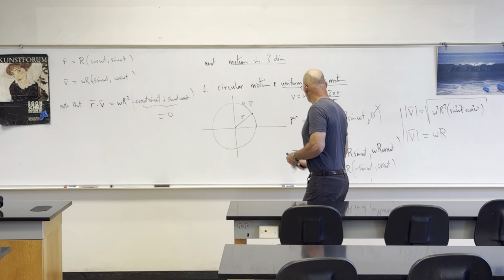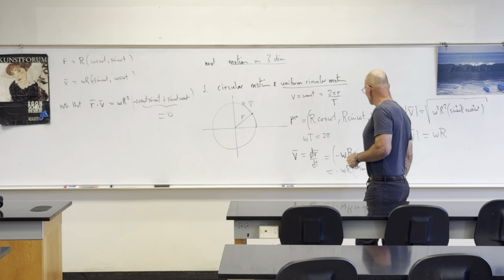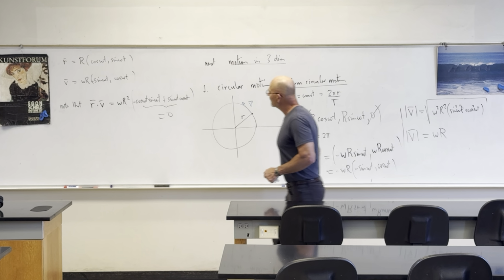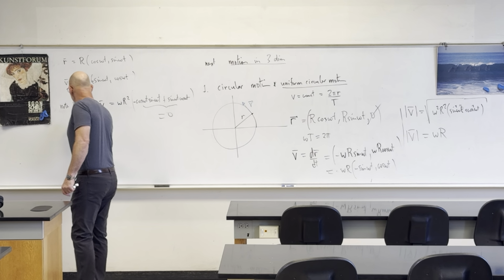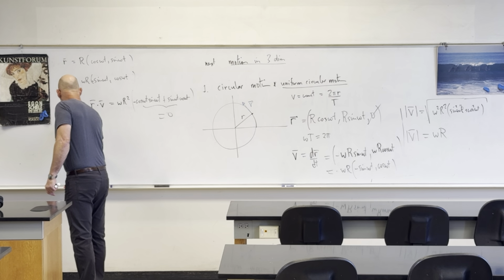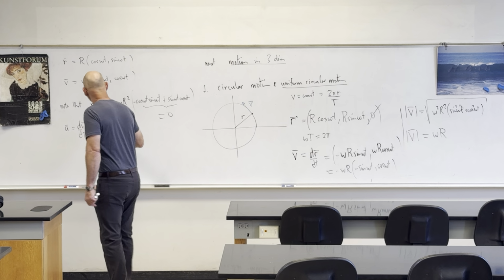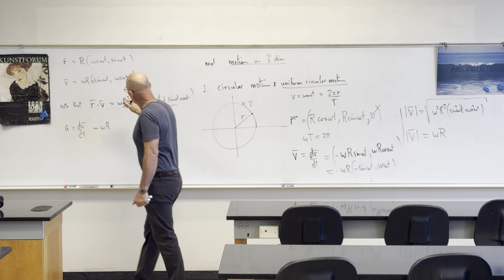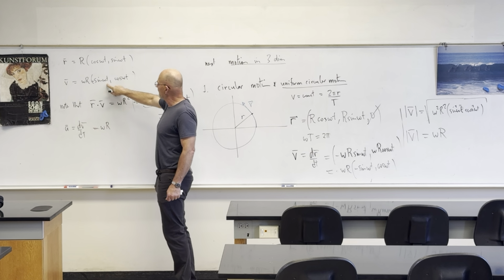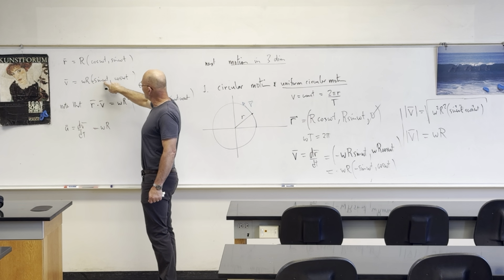And what about the acceleration vector? So now we have this nicer form to work with here. So now we'll take dv dt, so acceleration equals dv dt, and we've got the omega R. And when I take the time derivative, I'm going to keep the minus sign and I bring out another omega. Okay.